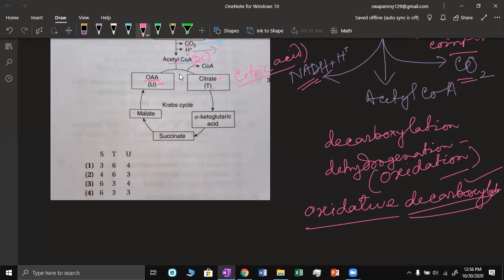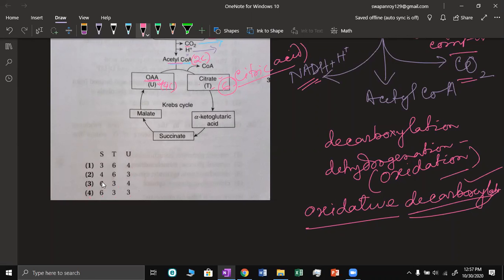This is a process of synthesis. They combine together, so this is a 4-carbon compound, and 4 plus 2 is a 6-carbon compound. So it should start with 3.